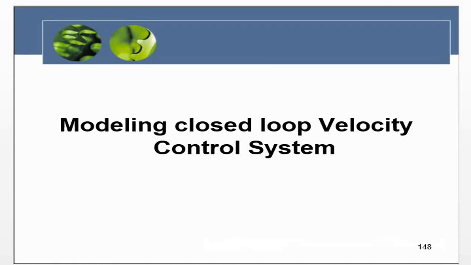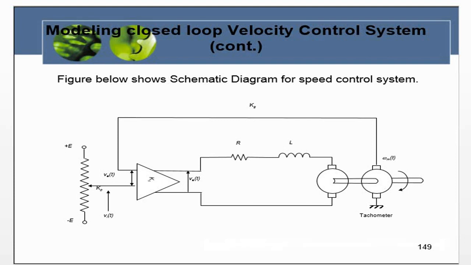And modeling a closed loop velocity control system. This figure shows the schematic diagram for a speed control system. Now the speed is what we control. The input is the potentiometer, and there is the amplifier, the motor circuit, and the mechanical part.